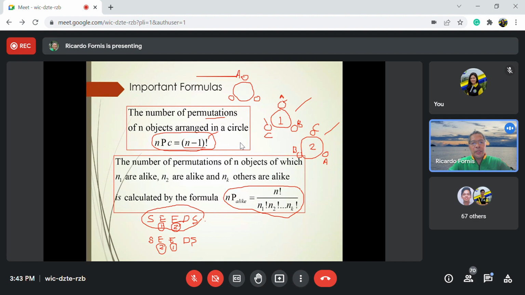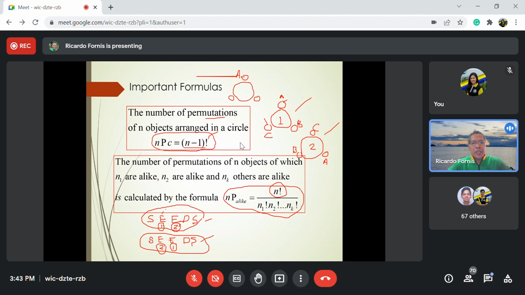So instead of this being 1 and this being 2, this cannot be considered a different grouping because it looks exactly the same as the first one. And that is due to objects which are alike. So you have to reduce the number of permutations. And how to reduce? You divide the total number by n1 factorial, where n1 represents the objects that are alike.